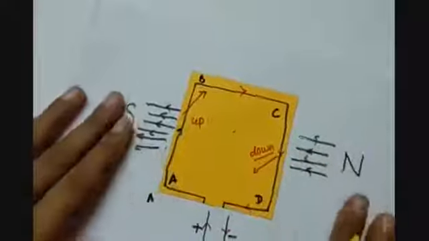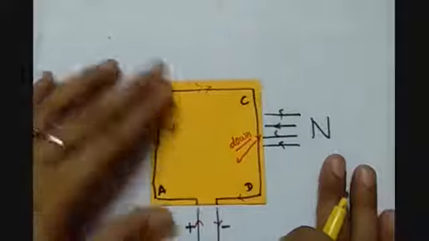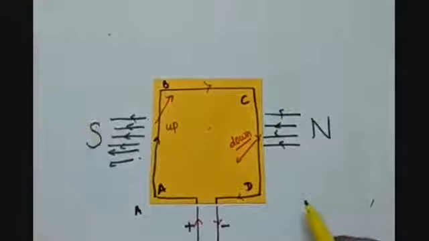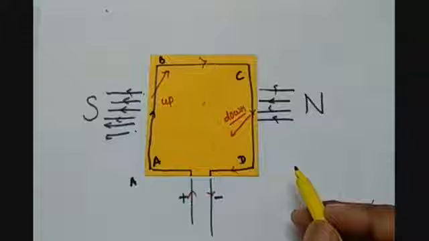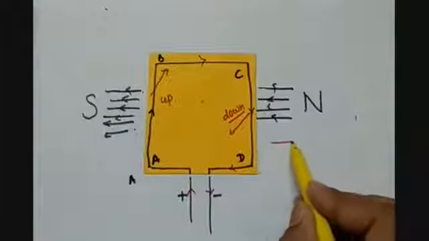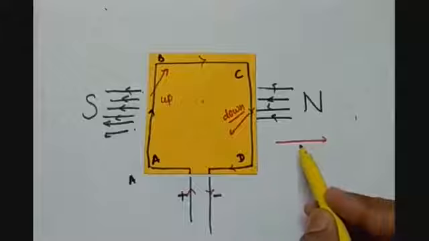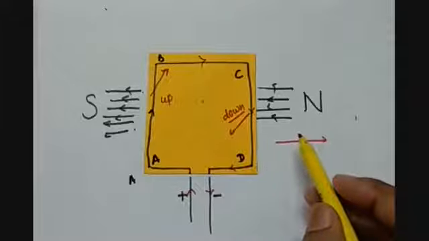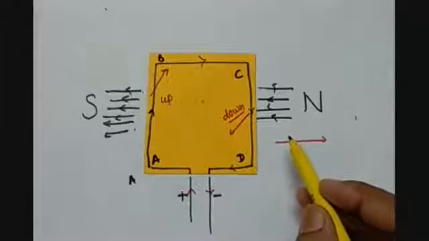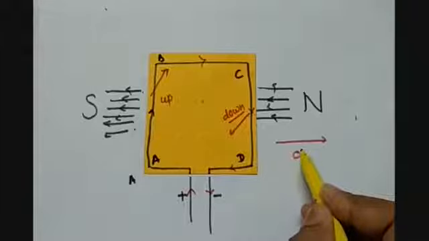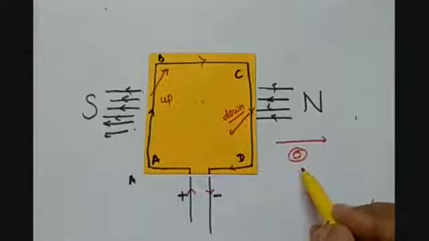You must be thinking why I am not considering the BC and AD arms. So just remember that when the current flows parallel to the magnetic field lines, the magnetic force experienced by the conductor is 0. Remember, the angle is 0.